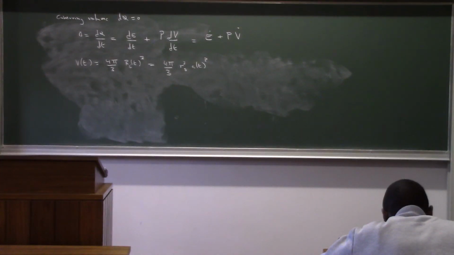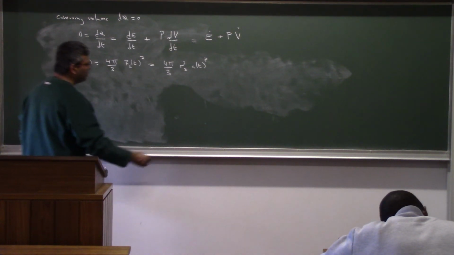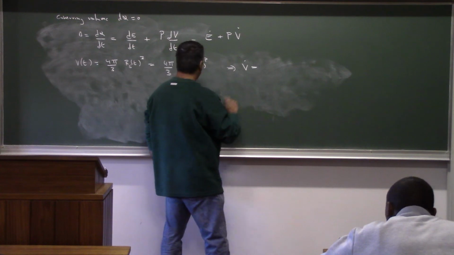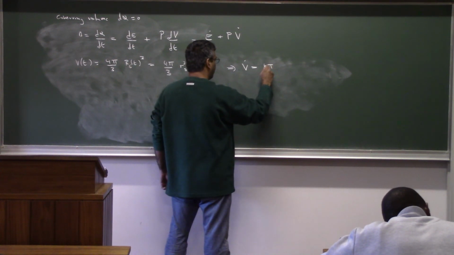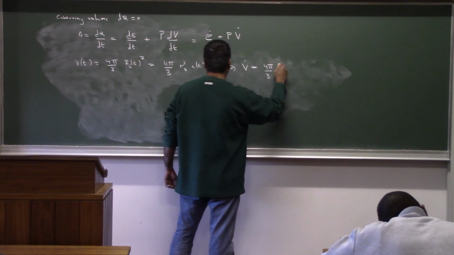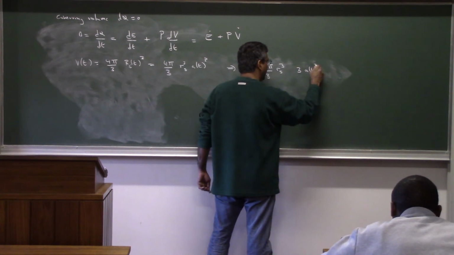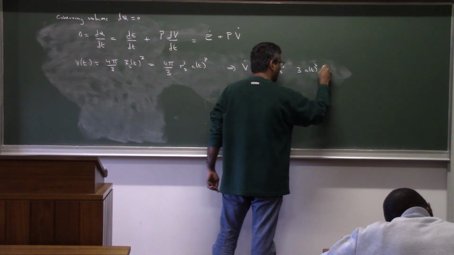Okay? So V dot then is what? It's 4 pi over 3 R_s cubed times 3 a(t) squared a dot(t).